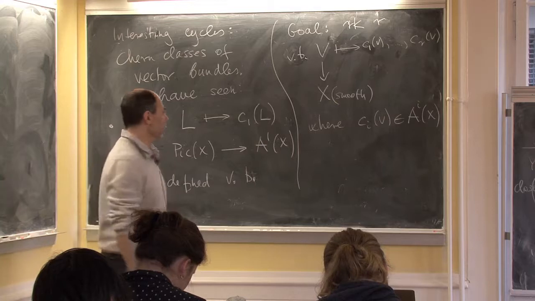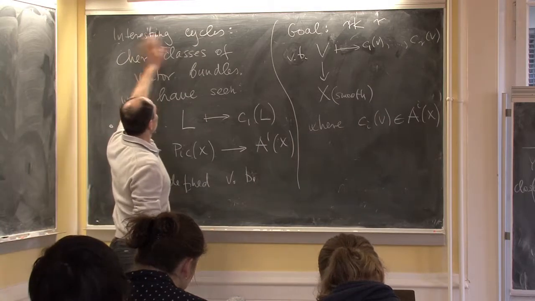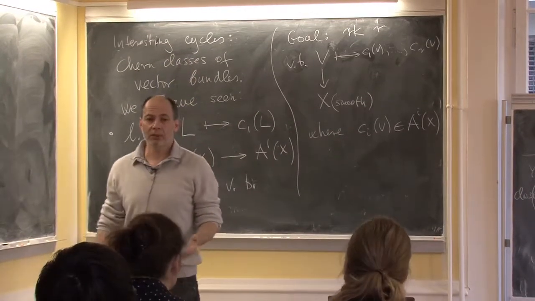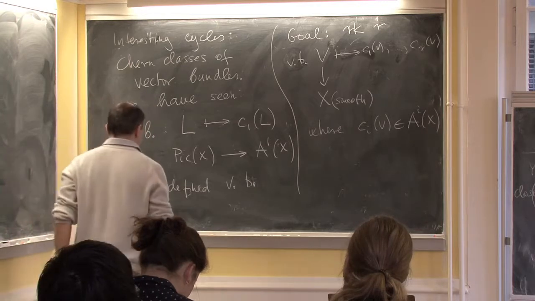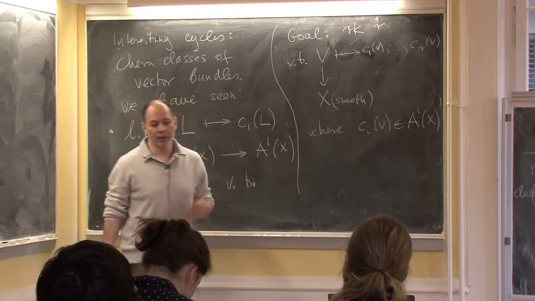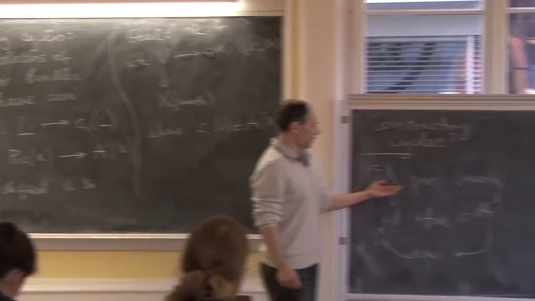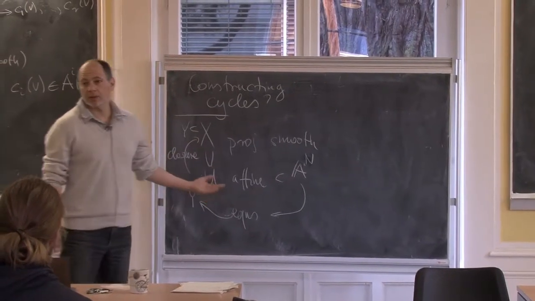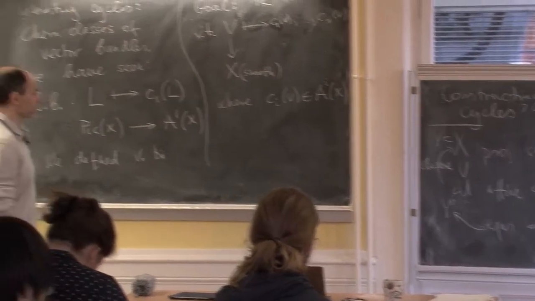So I'm planning to introduce interesting cycles associated to vector bundles. And the point is that vector bundles, on the other hand, arise quite often in some very natural way. And they're easy to describe quite often, even without finding affine charts for which you would need coordinates, right?